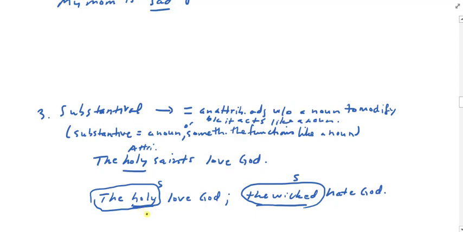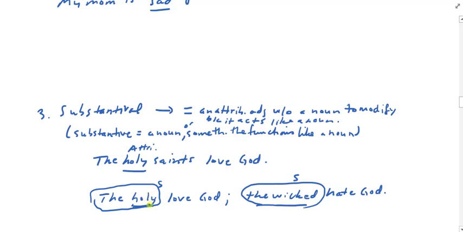The word holy is an adjective, okay? But notice that it is actually filling the role that a noun fills. It's the subject of that sentence or that clause, isn't it? So when I say the holy love God, what I'm really saying is something like the holy people or the holy ones love God. All right?